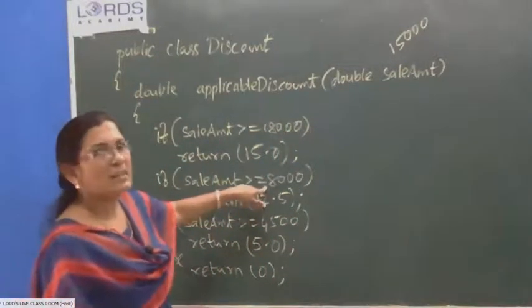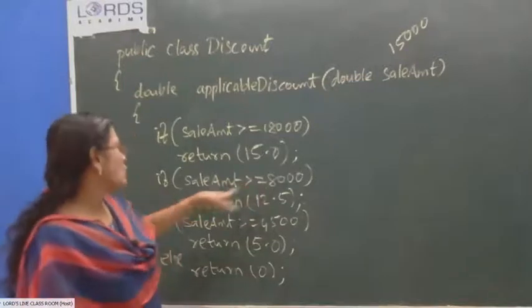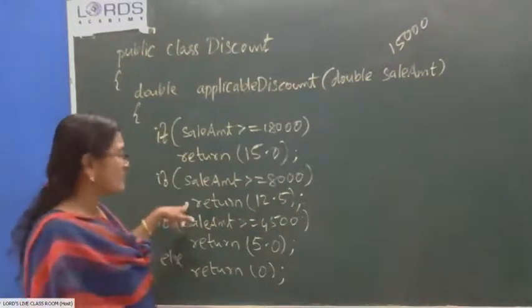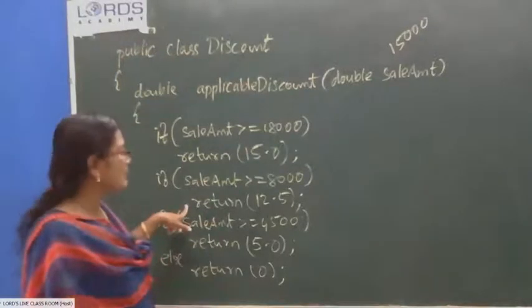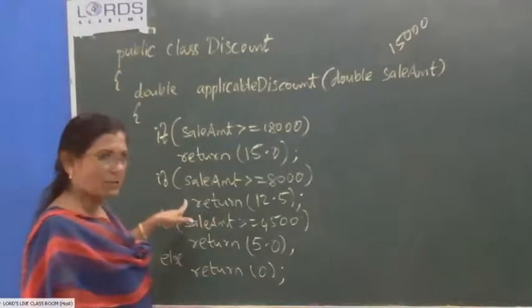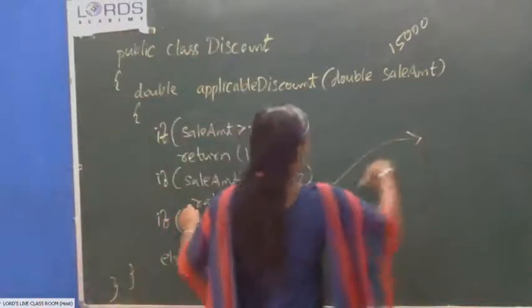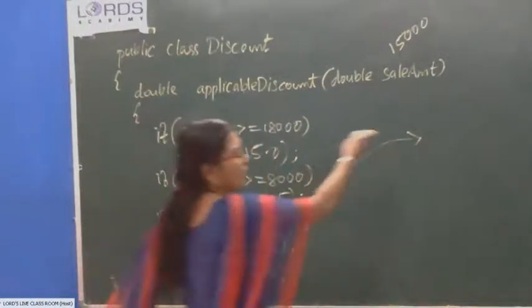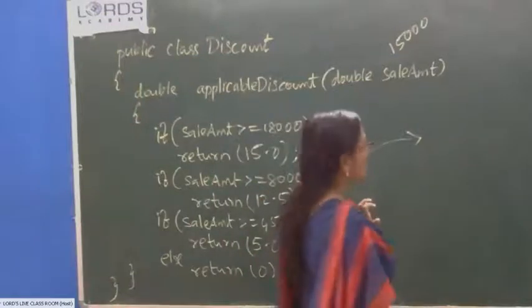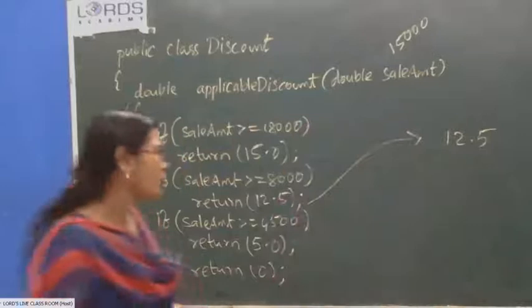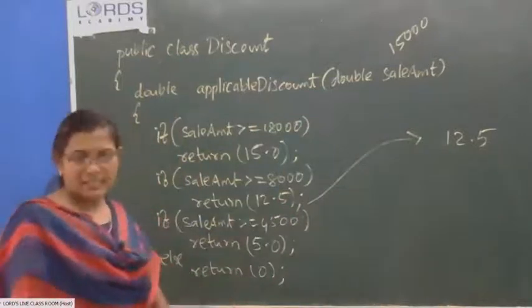Yes. So the statement given immediately after this conditional clause will be executed. This return command executes and control goes out of the function. You will get the value 12.5 displayed on the method call window. So the remaining statements are not executed.